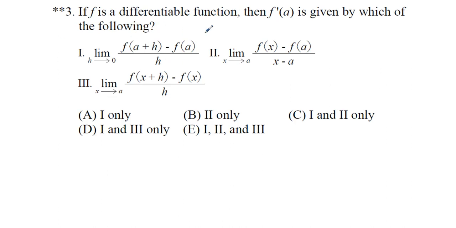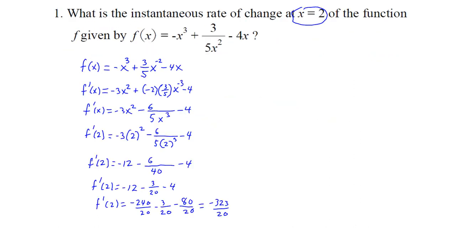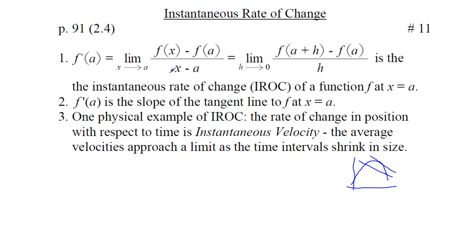3. If f is a differentiable function, then f prime of a is given by which of the following? Now I'm going to cheat a little bit with this, because you want to get 0 over 0. If we go back to this instantaneous rate of change, the initial number 1, we see what these things should look like.